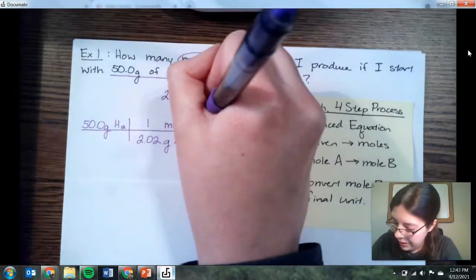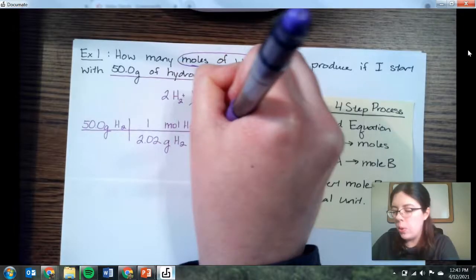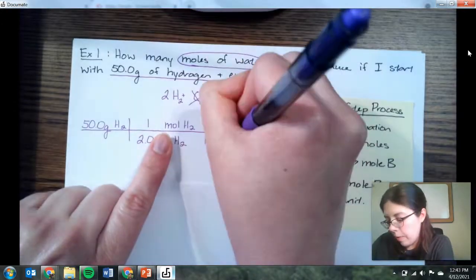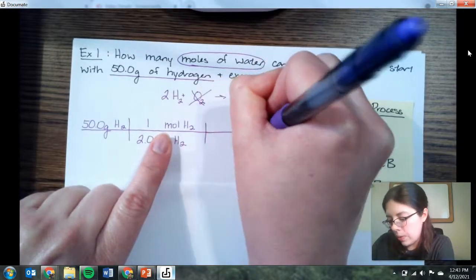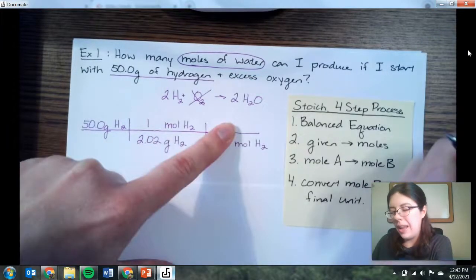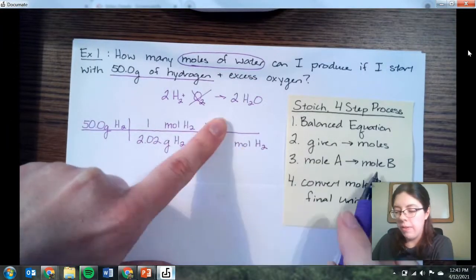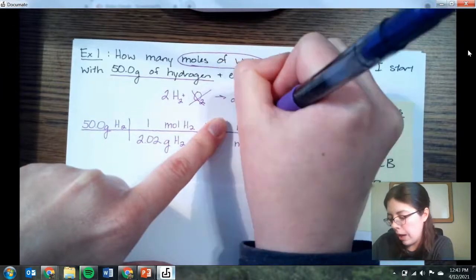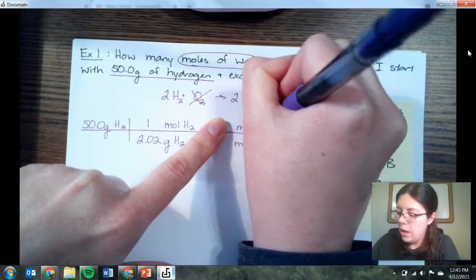Now from here, I'm not done yet, because I'm going to get to moles of water. So on the diagonal, I copy and paste. If I have moles of hydrogen up top, I need moles of hydrogen on the diagonal. And then I want to go, step 3, get from moles of my given to moles of my final thing. So that's going to be moles of water, H2O.